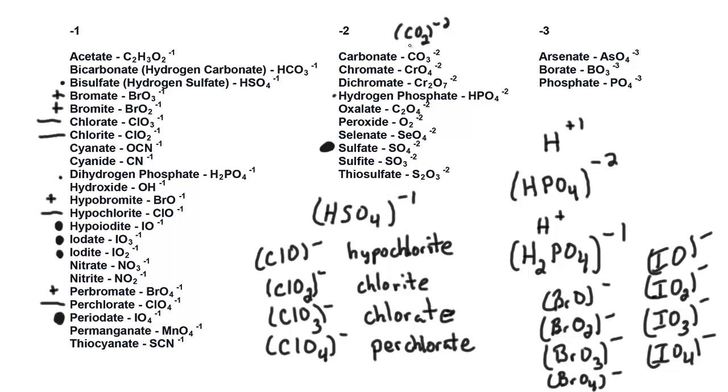One less oxygen than carbonate, this should be called carbonite. CO2 is carbonite. Phosphate, PO4. What is phosphite? Phosphite would be PO3. Again, PO3 with a -3 charge. This is phosphite. So you got enough to keep you busy. Go ahead and work on these polyatomic ions and memorize them all and look for those patterns. Have a great day.